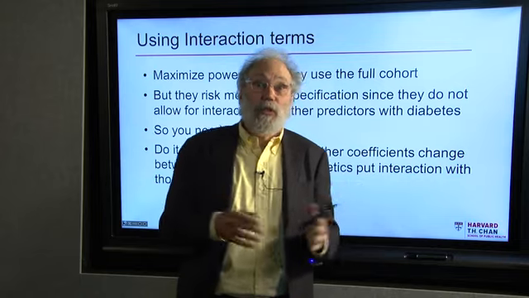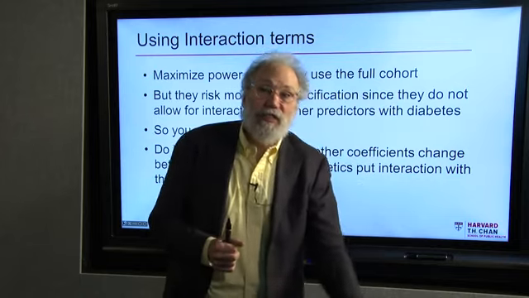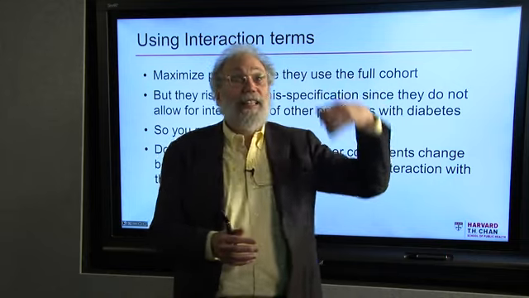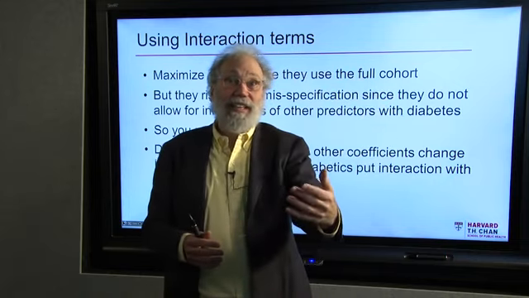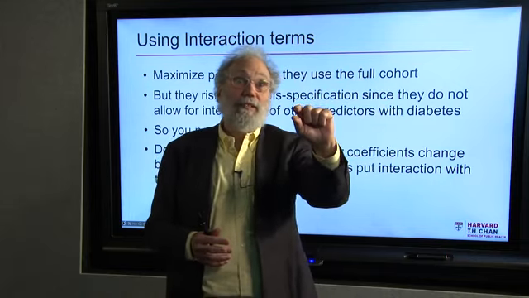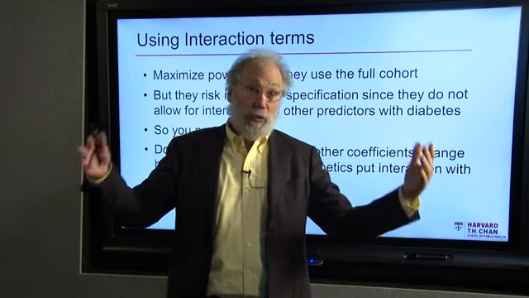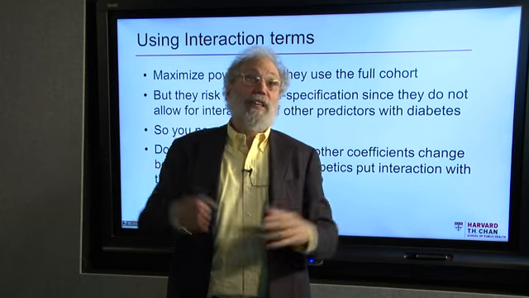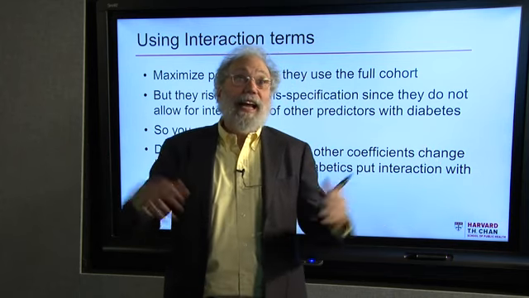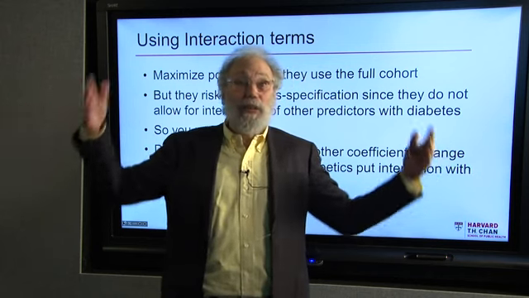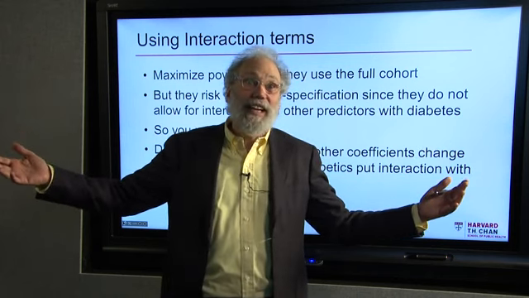Well, if that's true, then you're using the full data set for the full cohort to estimate the effect of these other covariates. You get more stable estimates of them, and so you should be able to control for confounding by them better, and you have a bigger data set. And power depends on the size of your data set.